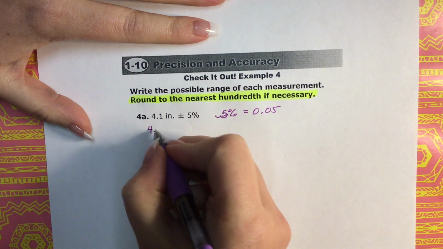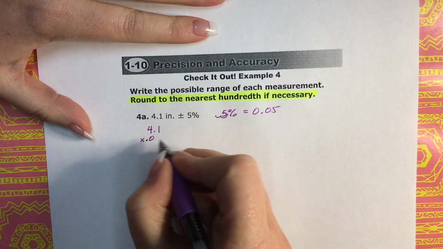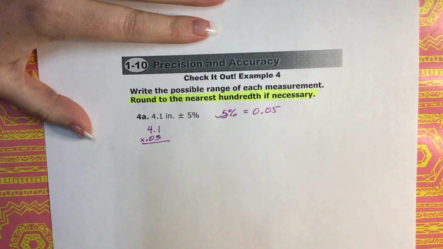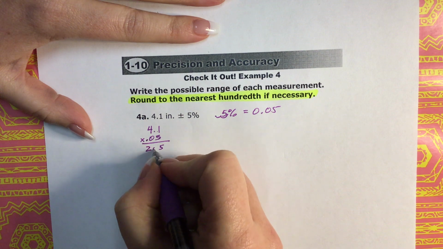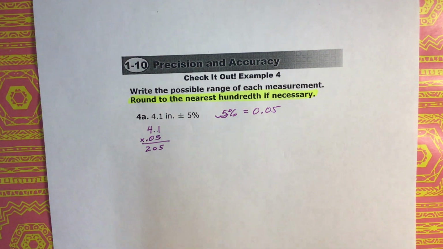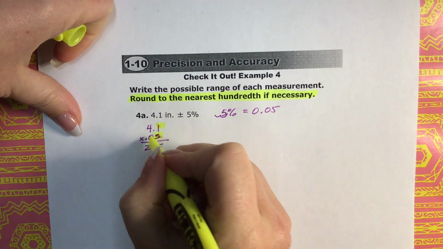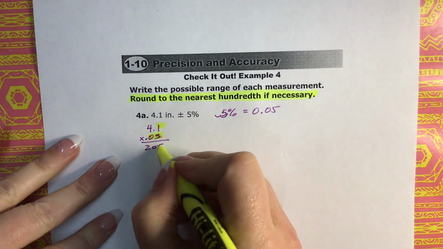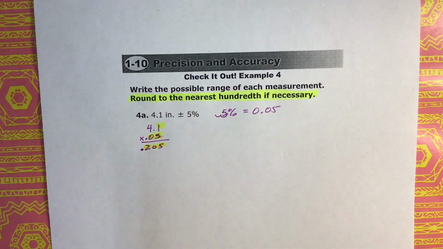Then we're just going to go 4.1 times 0.05. Okay, then we multiply. 5 times 1 is 5, 5 times 4 is 20. And then you have to count up the decimal places. So this one's a little bit more tricky because there's 1 decimal place, 2, 3. So that means 1, 2, 3, you put the decimal right here.